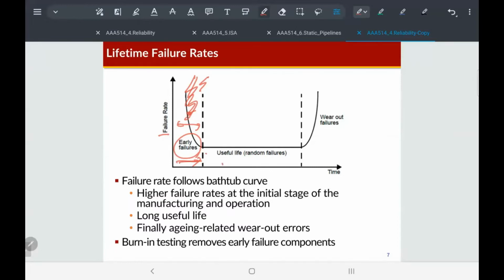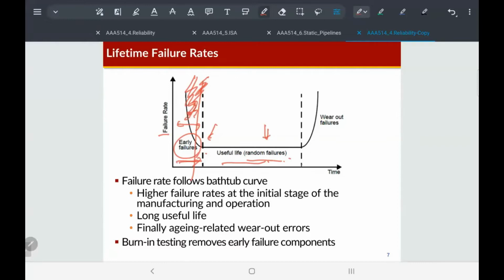And then during the lifetime, the failure rate is usually low, because the failed chips are removed in the early stage. So we just use the chips that work normally. Random failures can happen during this useful lifetime.